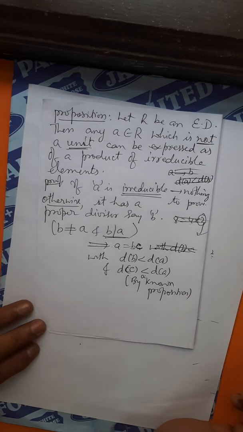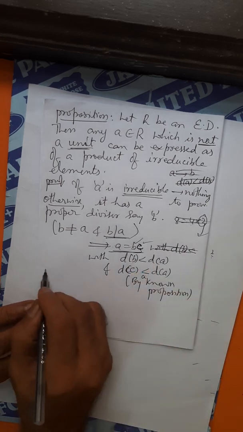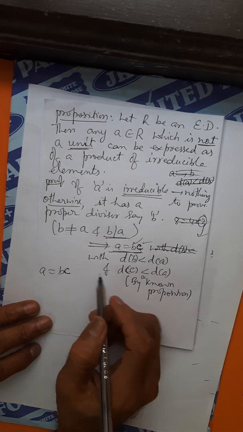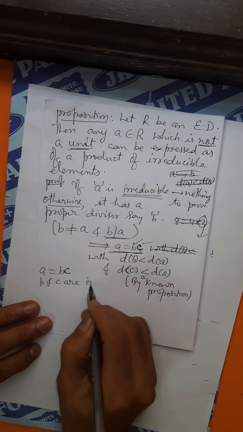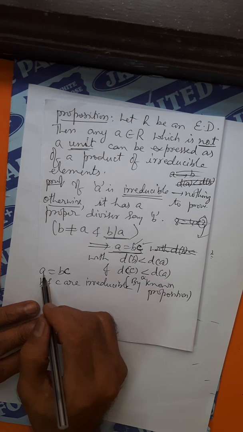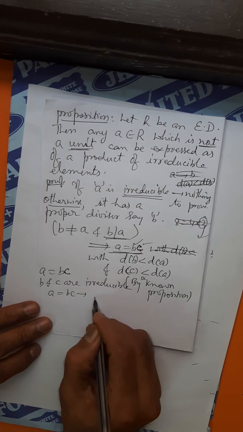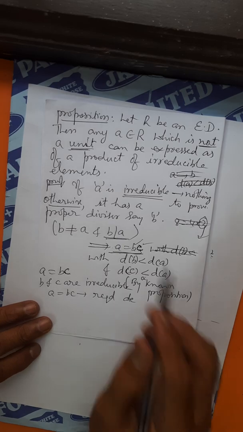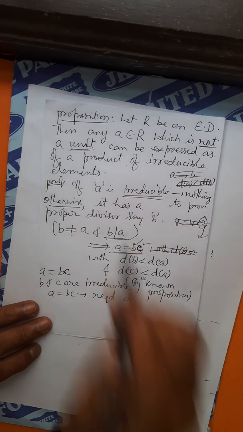Fine. Okay. So where did you reach? You reached A equal to BC. A equal to BC. Now look, if B and C are irreducible, your job is over. If B and C are irreducible, A equal to BC is a required decomposition. That means every element A belongs to R can be expressed as a product of irreducible elements.